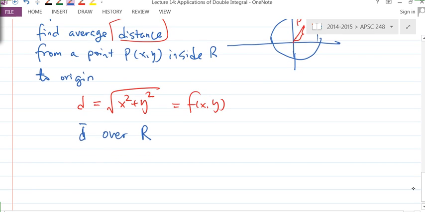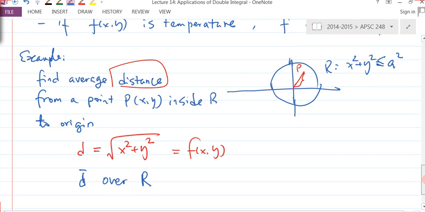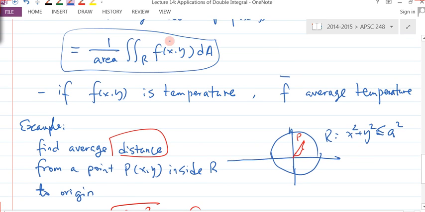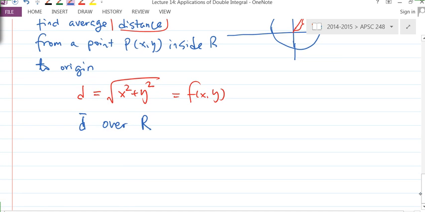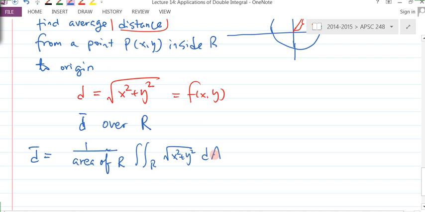Okay. So now, once we have the problem formulated, all I need is to plug it into this formula. So the average of d is equal to 1 over the area of the region R, times the double integral of f of x, y, which is the square root of x squared plus y squared, dA.